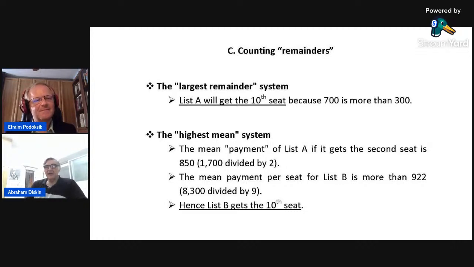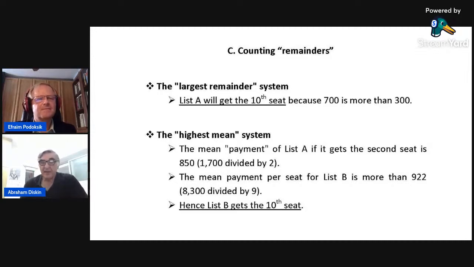In Israel, two parties can have a remainder agreement, and this kind of agreement should be presented to the electoral committee that runs the elections.